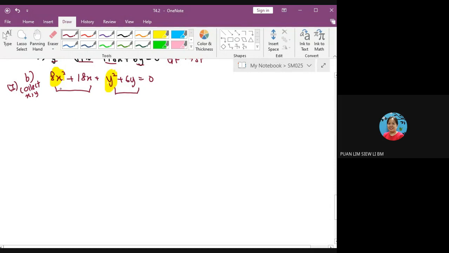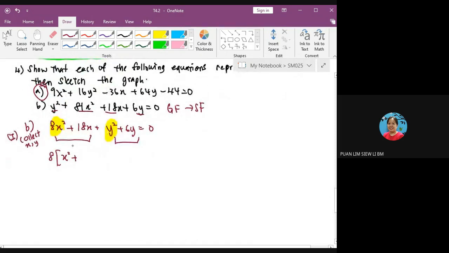Okay, so untuk bahagian x, you boleh factorizekan 81 saja sebelum you completing the square. 18 bahagi 81, 2/9x. Okay, so factorize. Kalau dia ada coefficient di depan, kita tak boleh nak pindah mana-mana untuk ellipse, kita factorizekan keluar. So untuk y tak ada, so cantik.